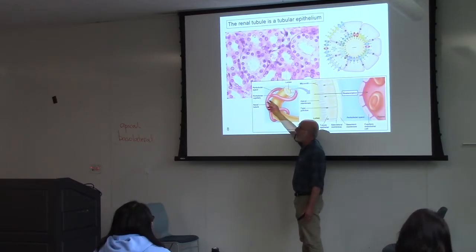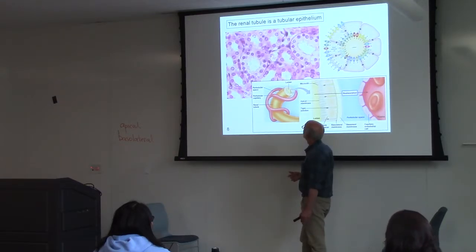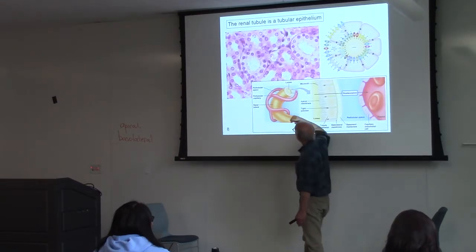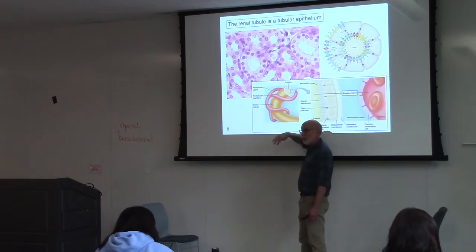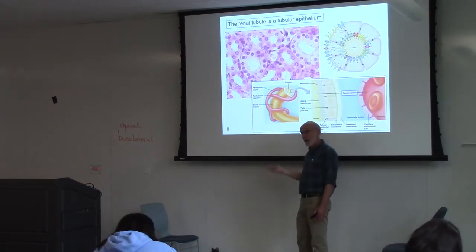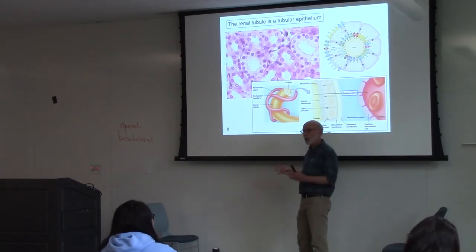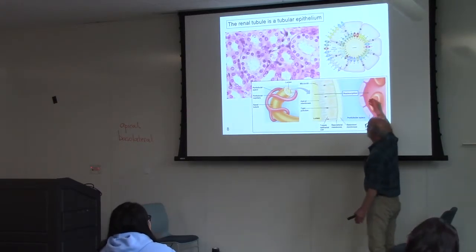The peritubular capillary, or if we're in the loop of Henle, the vasa recta capillaries. Tubule, epithelial cells, apical and basolateral membrane, transporter expression, either apical or basolateral, junctions between the cells, capillaries that passively pick up.